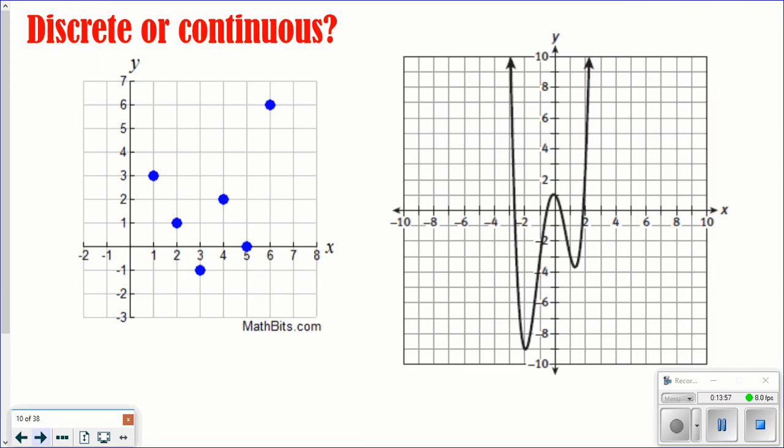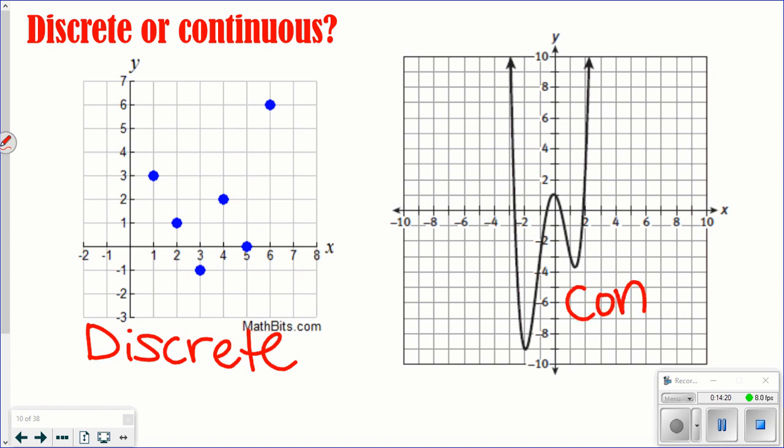So if I look at these two graphs, which one is discrete and which one is continuous? The first one is discrete because this graph shows individual points or individual dots. It's disconnected. There's no line or curve. And then this graph right here is our continuous graph because there's a line, there's a curve.